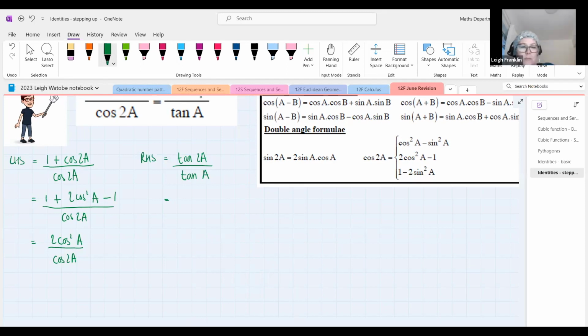Sandisiwe, go for it. I think that we can write tan 2a as sine 2a and cos 2a, if that makes sense, ma'am. It does. You just have to be careful which one you put at the top and which one you put at the bottom. There we go.